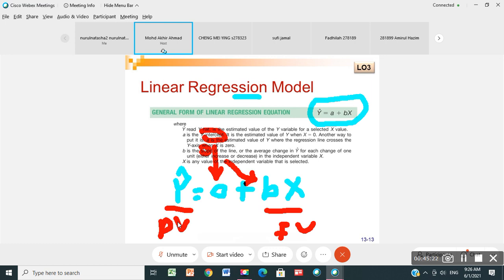Saya rasa dekat sekolah dulu kita pernah belajar y equal to mx plus c. Ada tak formula ni?